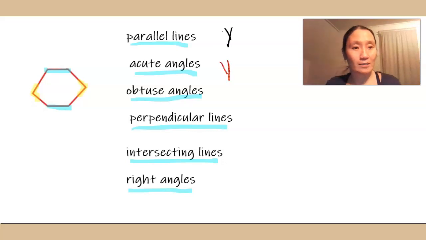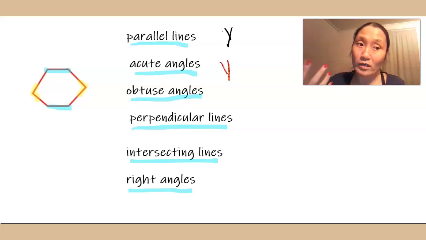Now, let's see, does this polygon have obtuse angles? Perhaps. Looking at these obtuse angles, I need angles that are wider than 90 degrees. So looking at this, yes, I can see that it has at least one or more.